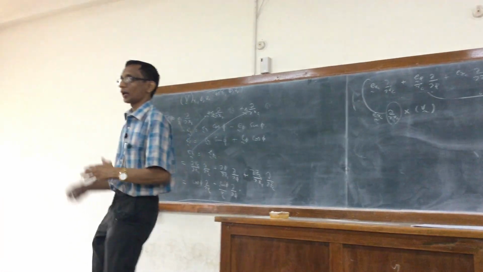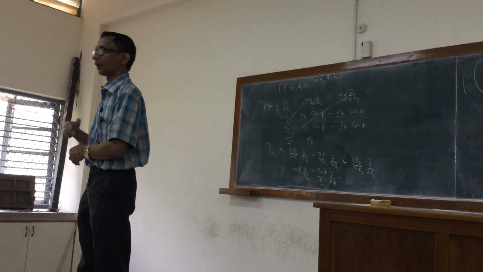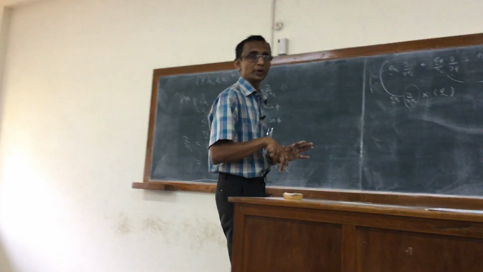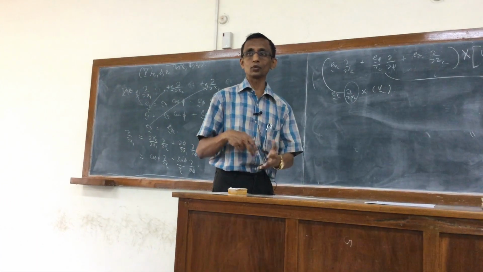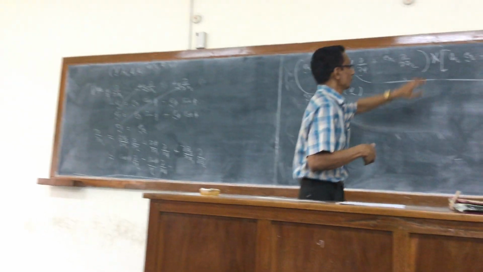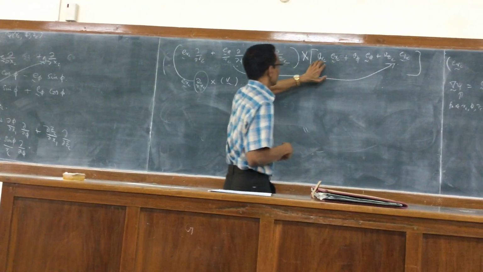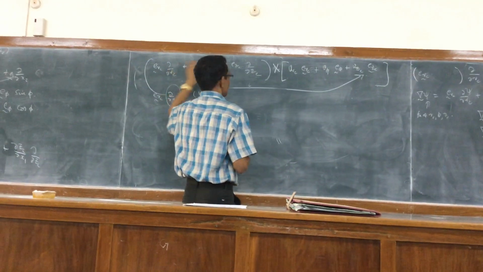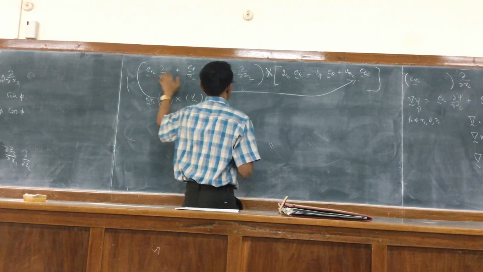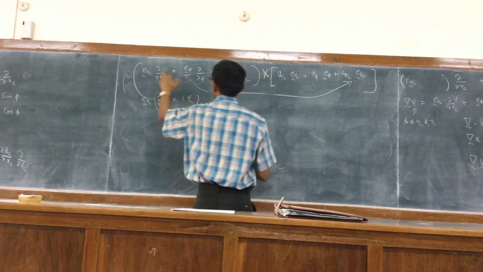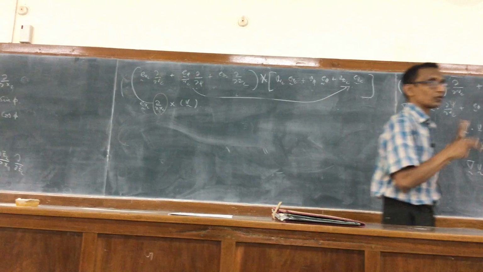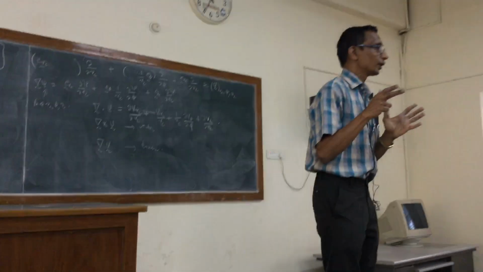And so none of the unit vectors are dependent on RC, so none of those terms are going to come into the picture. When I do the derivative of the product, all I have to consider is d by dRC of VRC, d by dRC of Vφ, and d by dRC of VZC. Those are the only terms that are going to come out of the differentiation.